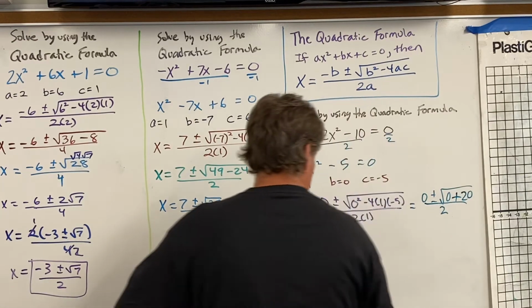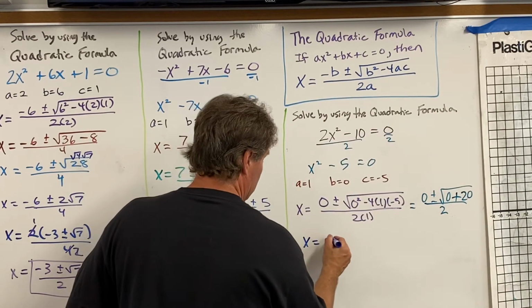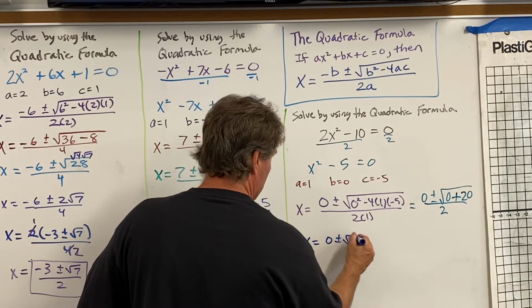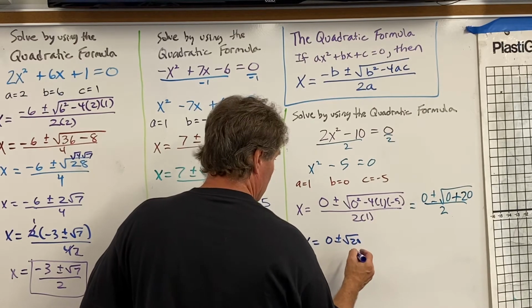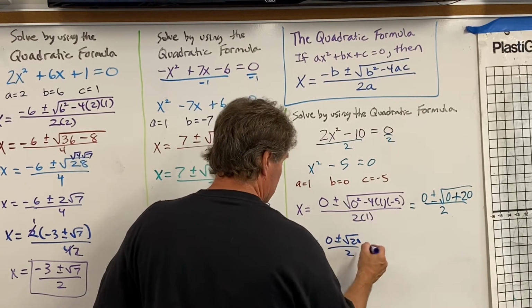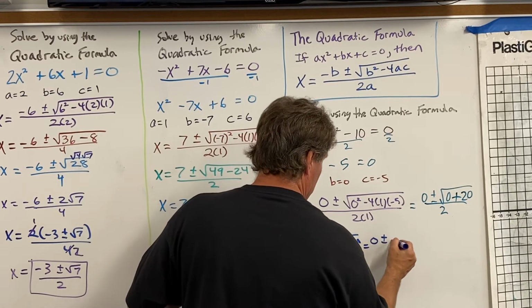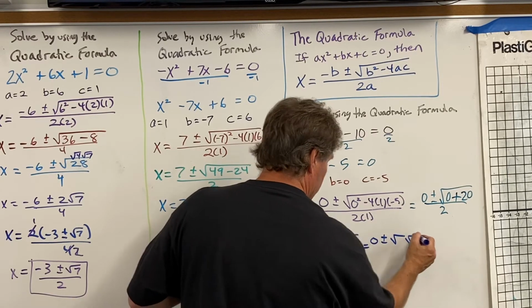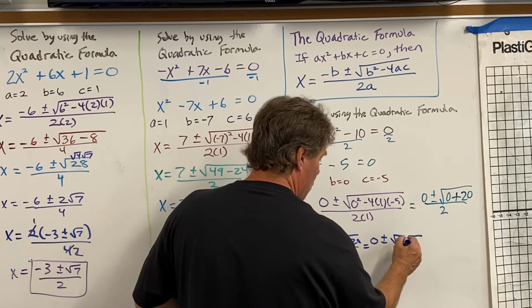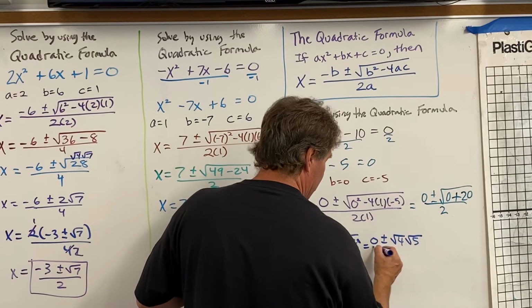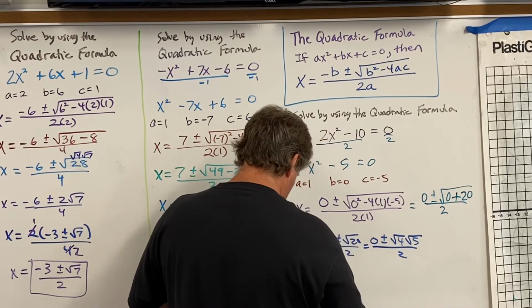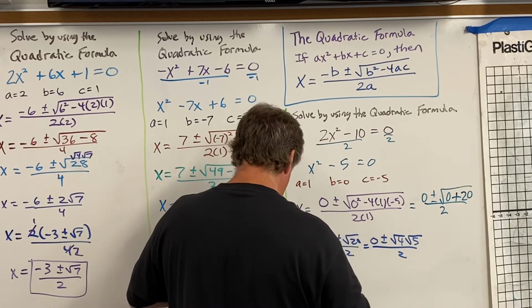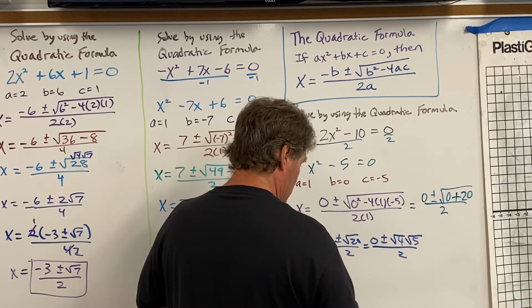Okay, then we get x is 0 plus or minus square root 20 over 2, and then square root 20. So square root pretty, square root ugly. What's pretty about 20? 4. What's ugly? 5. And remember, square root 4 is known as 2, right?